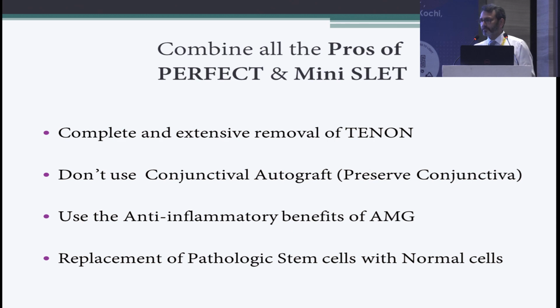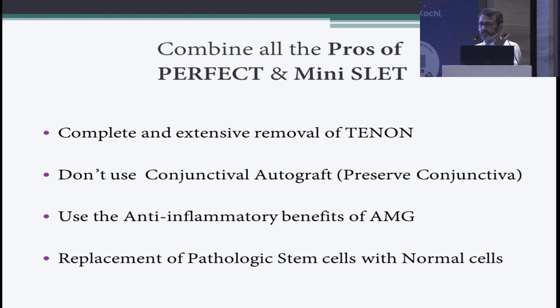Dr. Alok Sati developed this technique, and as we say, necessity is the mother of invention. He had a patient who had undergone multiple pterygium surgeries. That patient had recurrence, so there was hardly any conjunctiva left, and the patient had primary open angle glaucoma also.